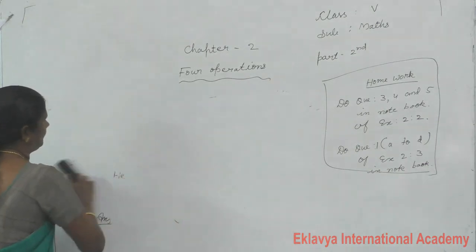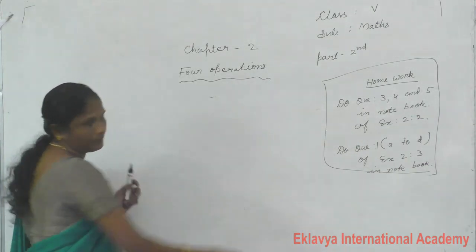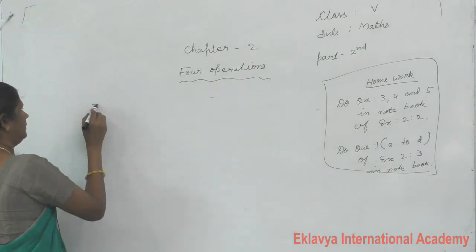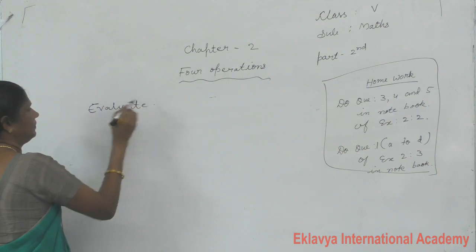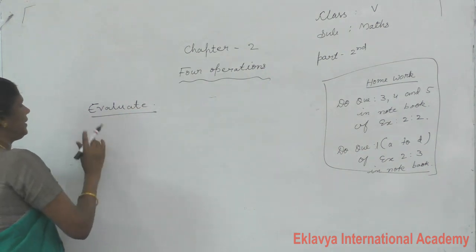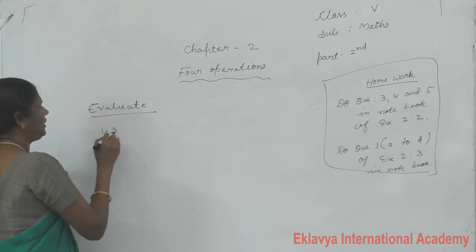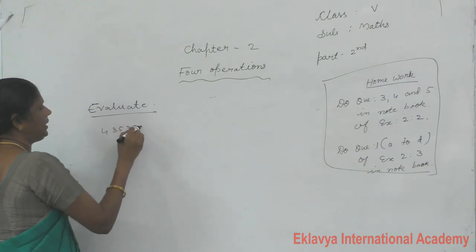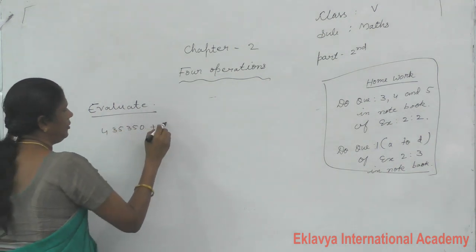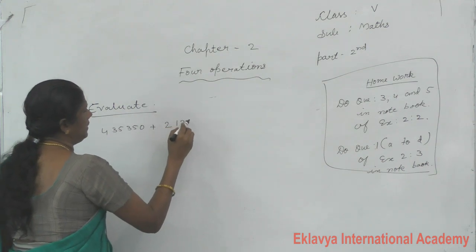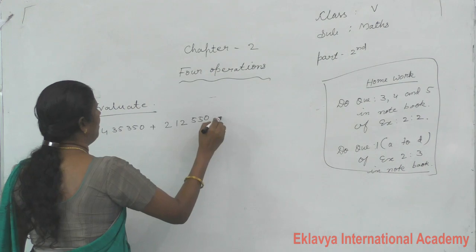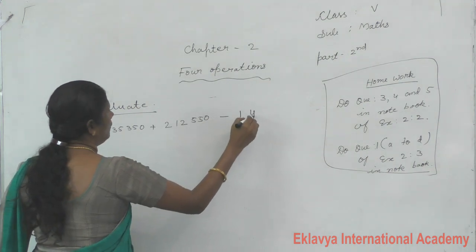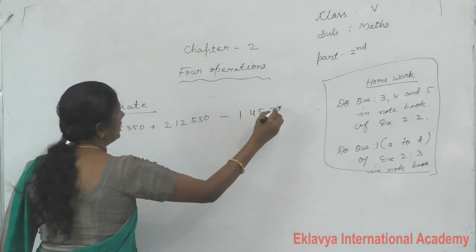Evaluate. Listen here: 4,35,350 plus 2,12,550 minus 1,45,375.